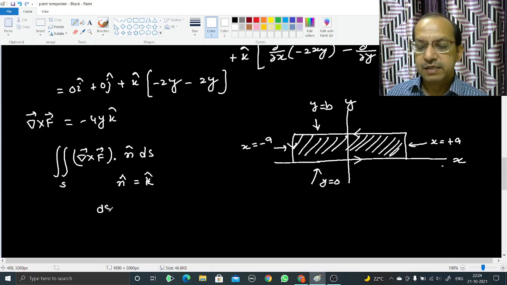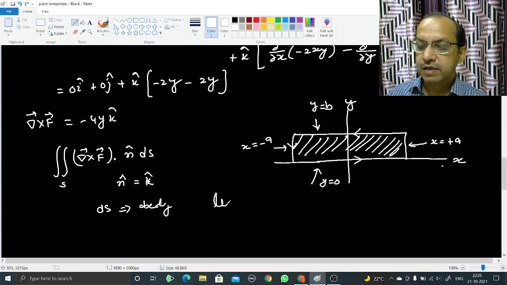And now ds can be converted to dx dy because we do not have to take the projection. Why are we not taking the projection? Because it is already lying in the xy plane. So there is no need to take the projection. So we will evaluate this. Now the task is to find the limits. Here you can see that x varies from minus a to a continuously and y varies from 0 to b.